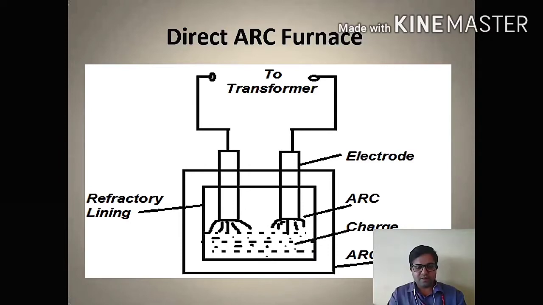Once the supply starts to flow through these electrodes, there is a gap between the electrode and the metal piece. This gap has air, which at a certain period acts like an insulating medium between the electrode and the metal piece.